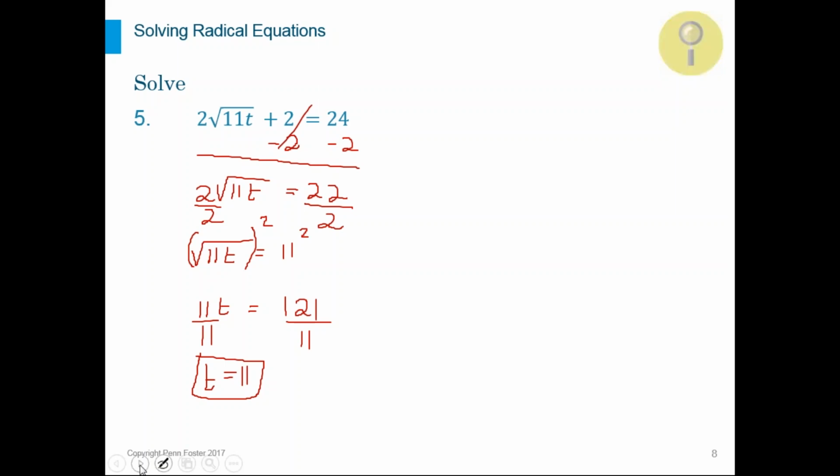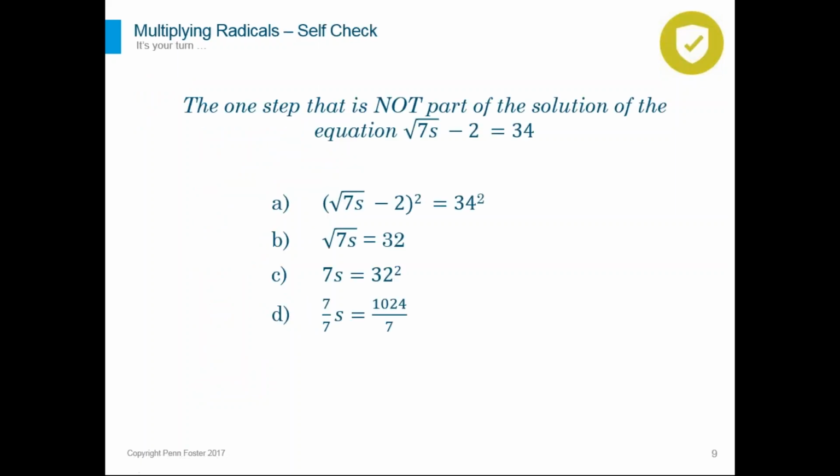Okay, let's look at a self-check question. Which step is not part of the solution of this equation, the square root of 7s minus 2 equals 34?